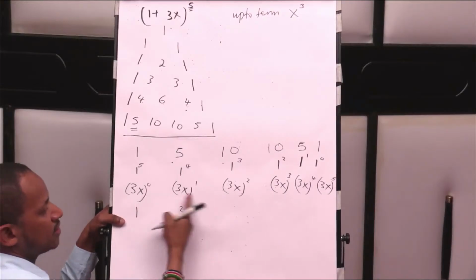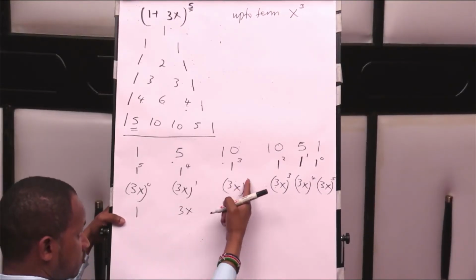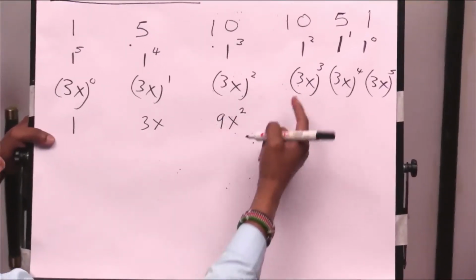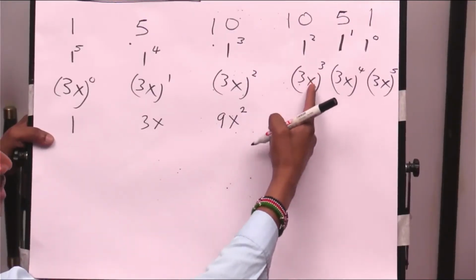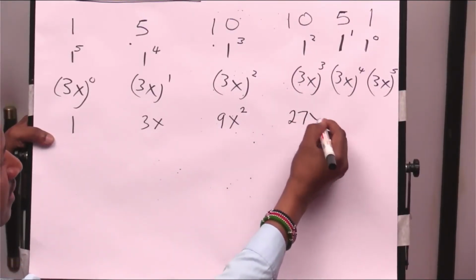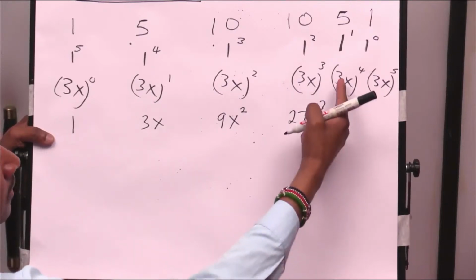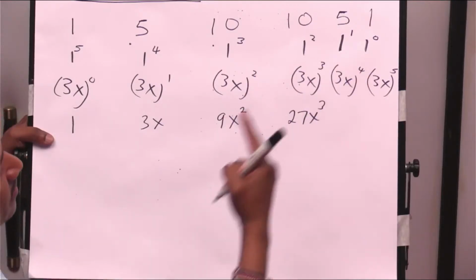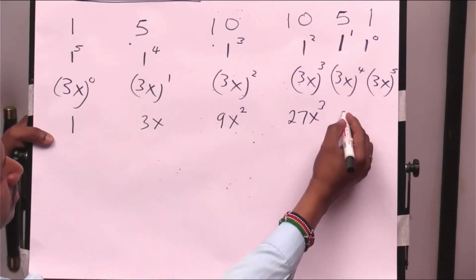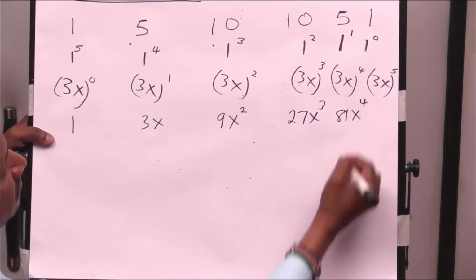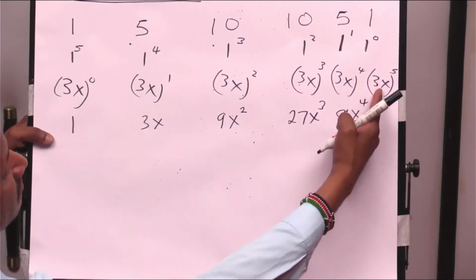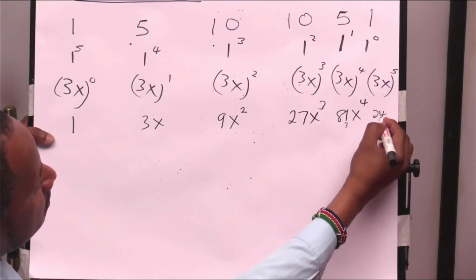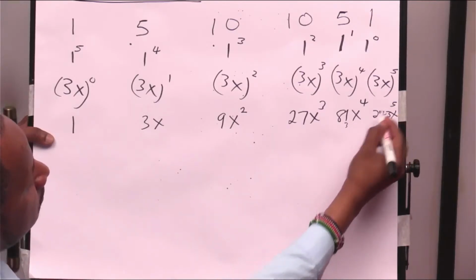I'm expanding this now. 3x squared means 3x times 3x, which is 9x squared. 3x cubed means 3x times 3x times 3x, which is 27x cubed. 3x raised to power 4 means 3x times 3x times 3x times 3x, which is 81x raised to power 4. Then 3x raised to power 5 is 81 times 3 is 243x raised to power 5.